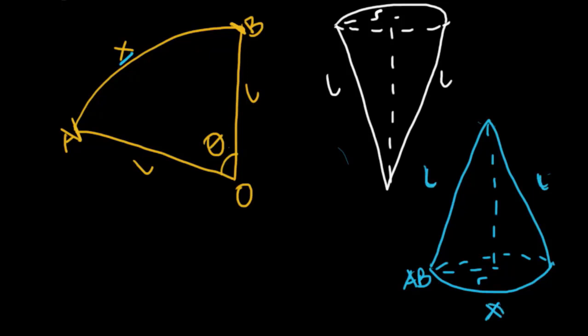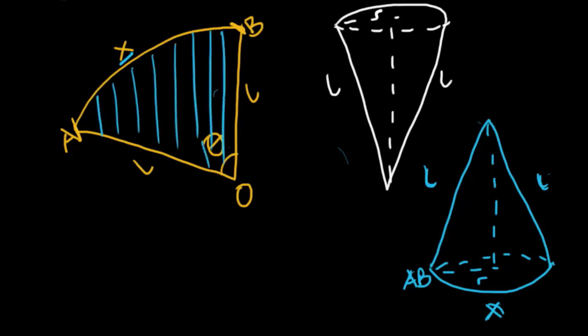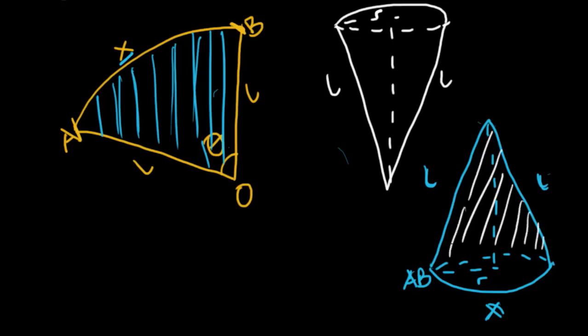Now look closely. Now remember, we said that area of any shape is the space the shape takes up. It means that the area of this sector is this part. Now when I fold this sector to become a cone, this place I shaded, if I want to represent it on the cone, is this part. Can you see?